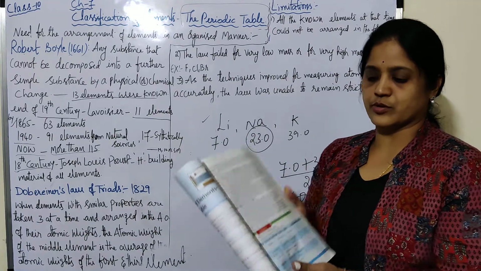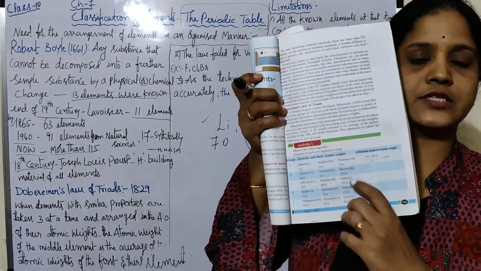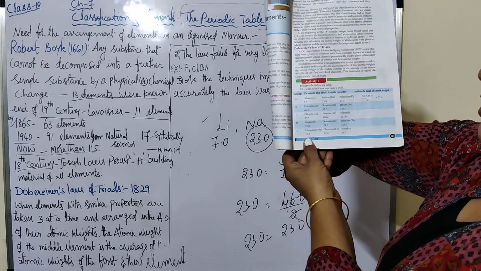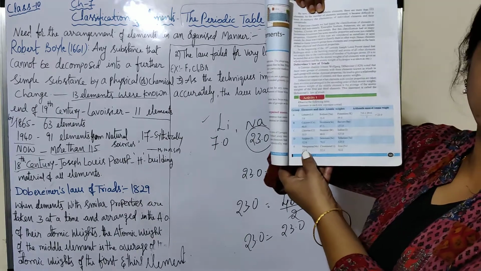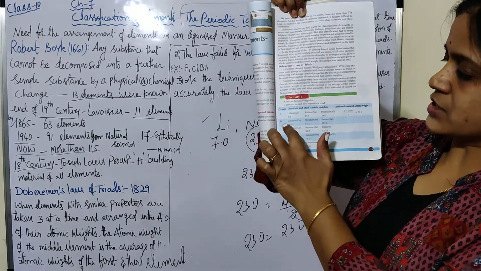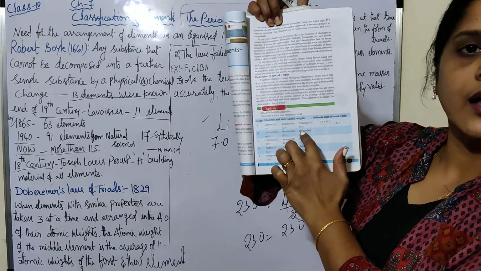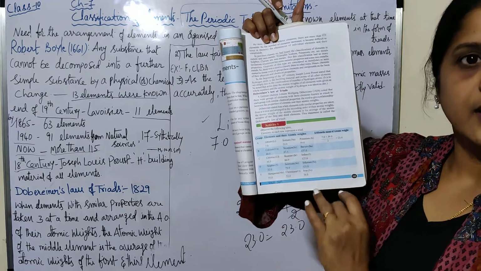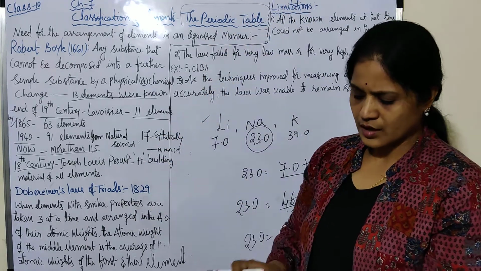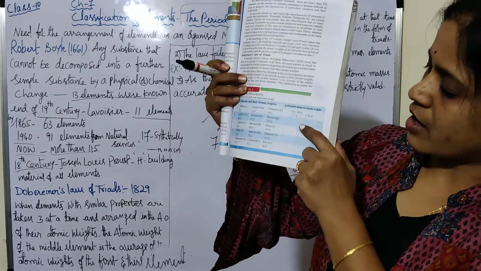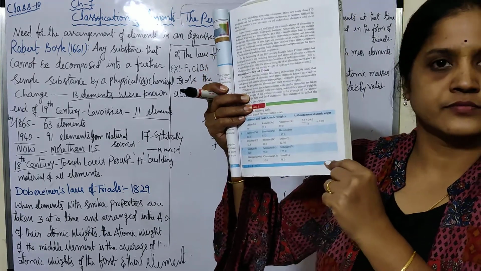In our textbook there is a table with 5 examples. In each group, find out whether the atomic weights satisfy the law or not, and write your answers in the column given.